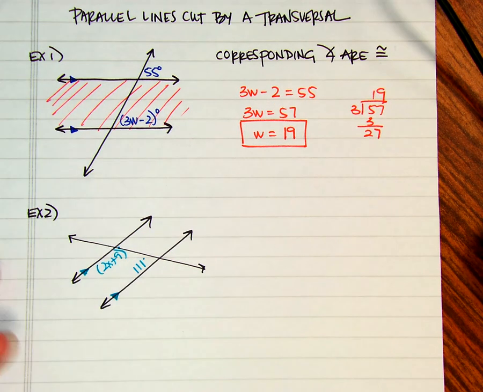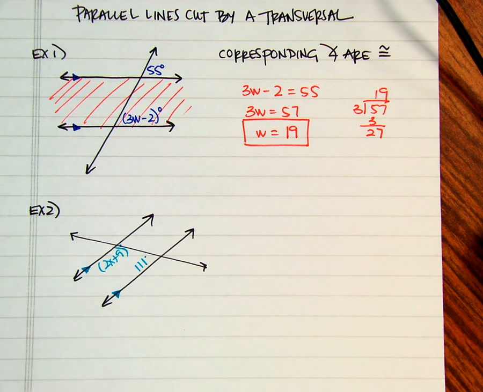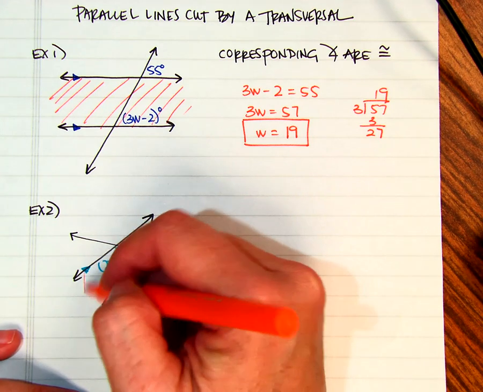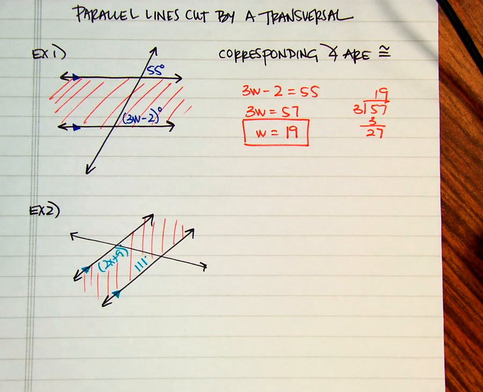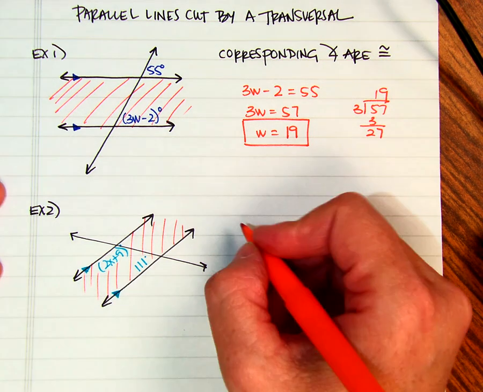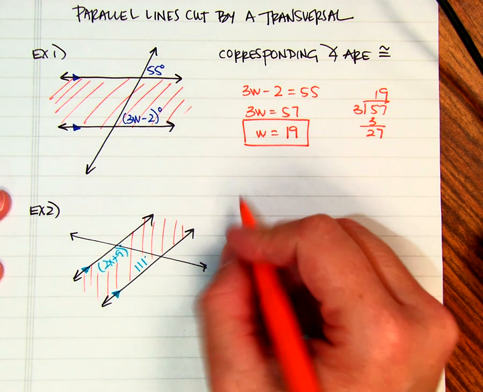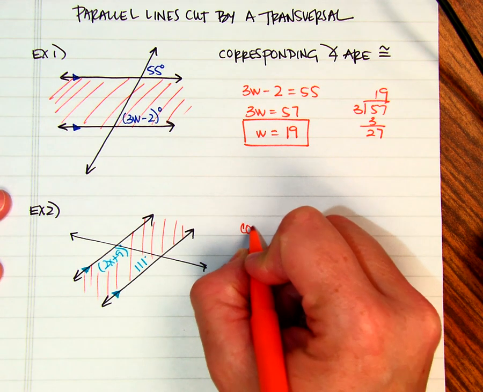These are on the interior, so we only have two that it could be. We either have alternate interior or same side consecutive interior. Well, they are on the same side of the transversal, so these must be consecutive interior.